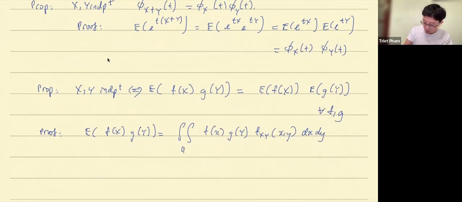This is an integral over the plane. But we know that X and Y are independent, therefore the joint density is the product of the marginals. Sorry, this is little y.